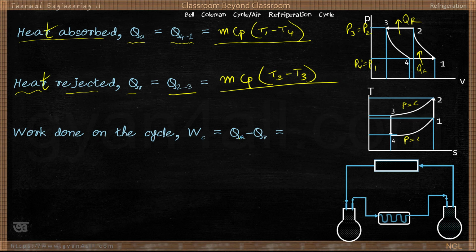Okay, so work done on the cycle, WC, is heat rejected minus heat absorbed. So what will be the heat rejected minus heat absorbed? That we will see. So that means this minus this.